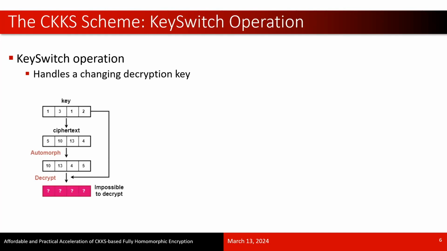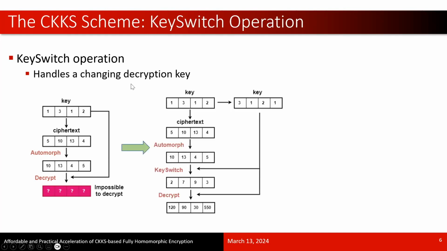So instead, we need to have a key that is also permuted in the same way. If you see here, now we permute the key also by 1. Then after the rotation operation, we perform a key switch operation to have the ciphertext encrypted under this new rotated key, so that when the decryption is done, we can still recover the underlying message correctly.